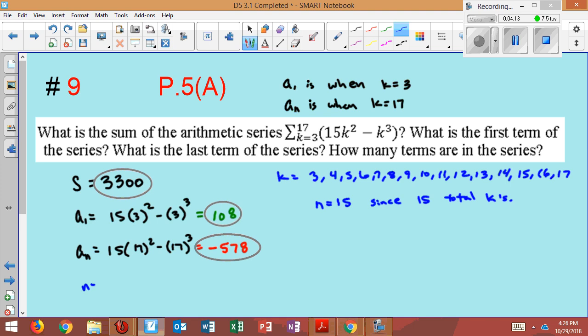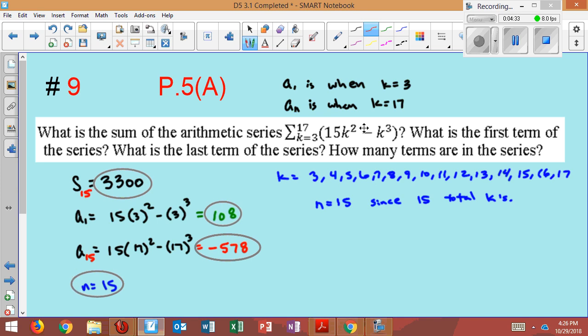So n equals 15. And now we can go back and correct some of our answers, make them more specific. So the last term, a sub n, is actually a sub 15, and the sum would be the sum of the first 15 terms like that.